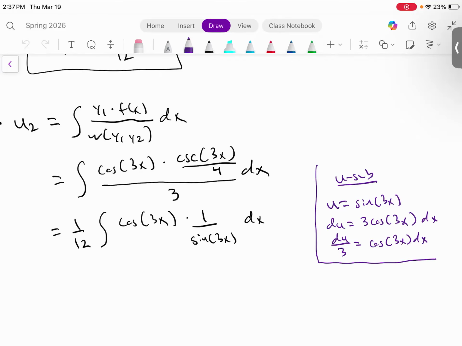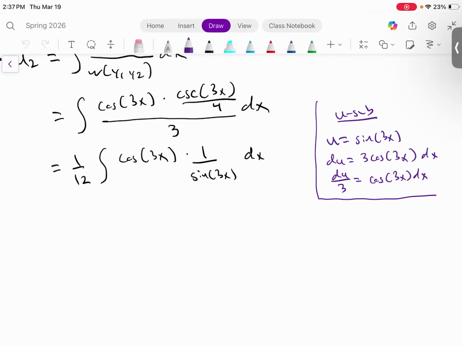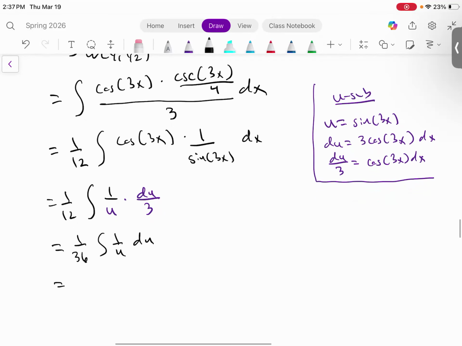So when we substitute, we get 1/12 times the integral of 1 over u times du over 3. We could take out our constant, 1 over 36 times the integral of 1 over u du. And this would be 1 over 36 times the natural log of u.